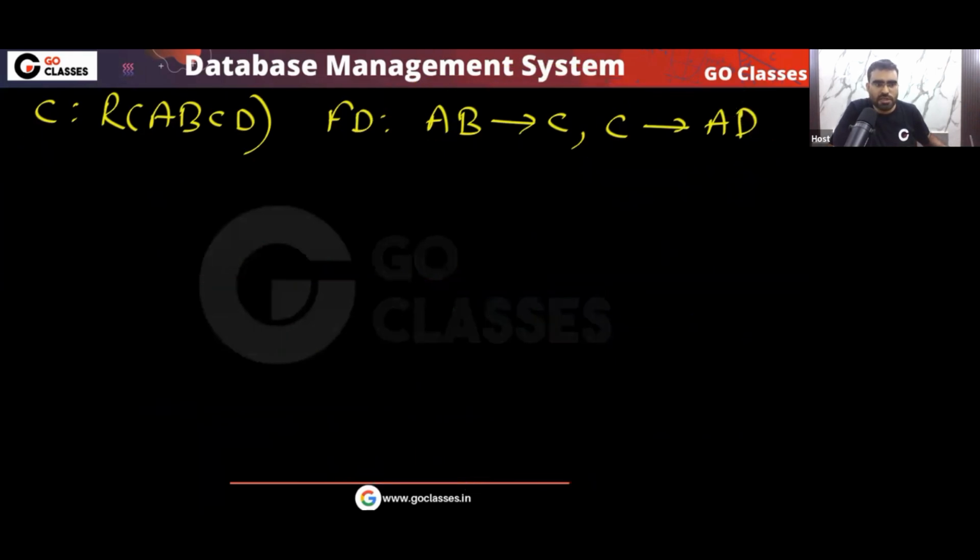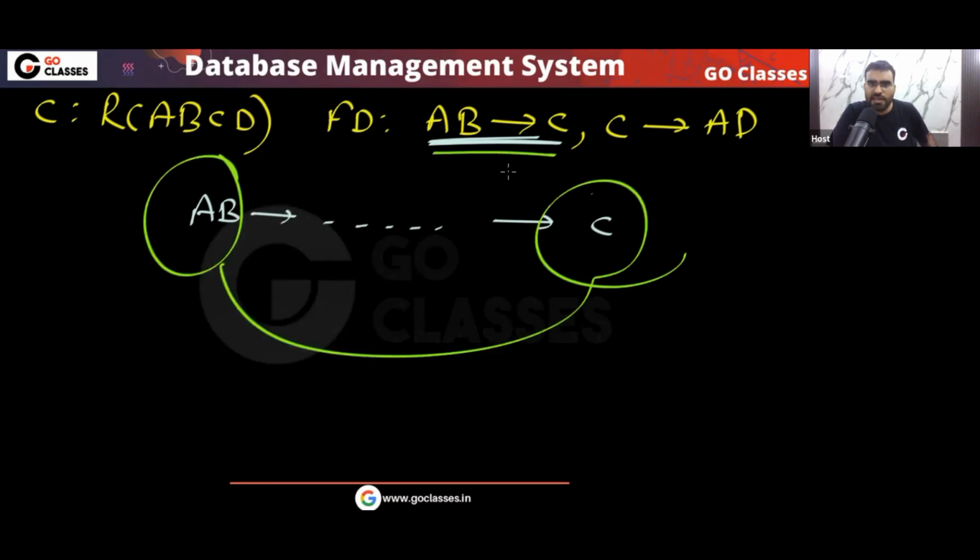Just look at this functional dependency, AB determining C. AB will determine C, that is fine, but can AB indirectly, transitively, determine C?